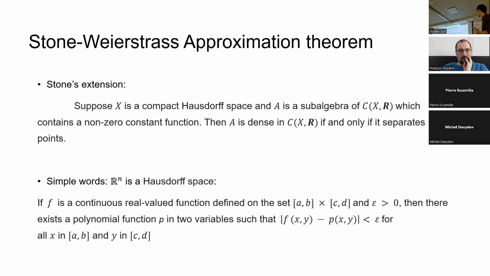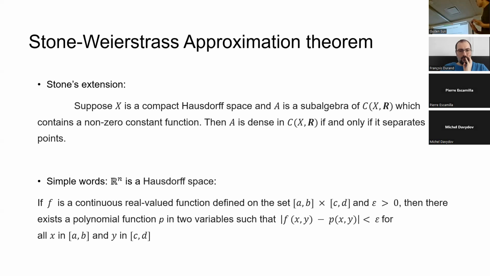So the word sub-abstract or dense is very vague. I put it in a simpler way: in our daily space, the Euclidean space, this Rn is Hausdorff.